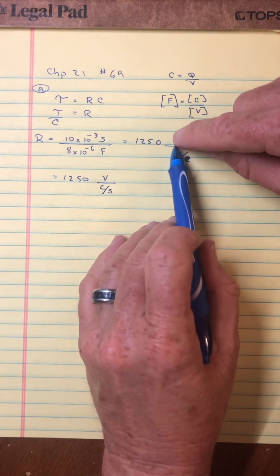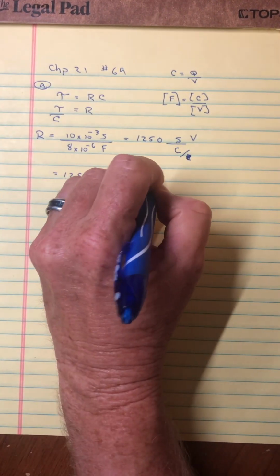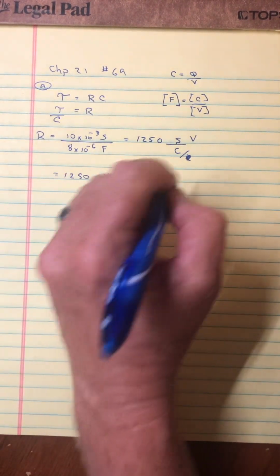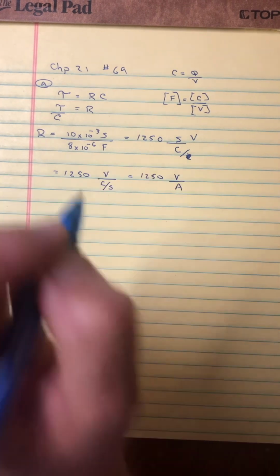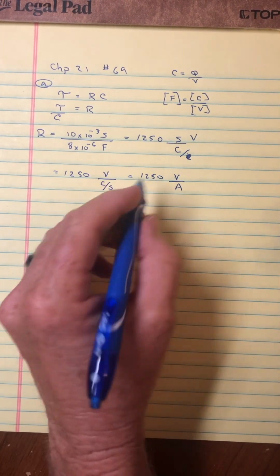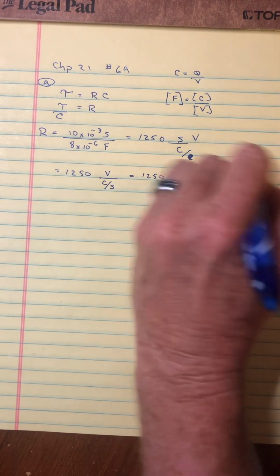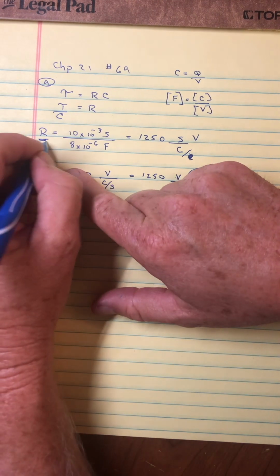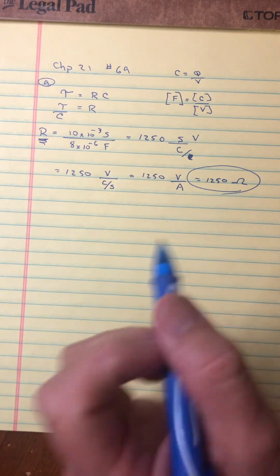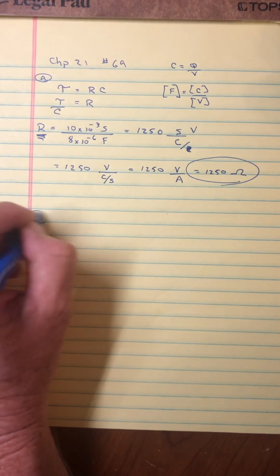So take the second off the top and put it down there, because a coulomb per second is what we called an amp. And so now I have the unit volt over amp, and that was the definition of an ohm. And so sure enough, as it should come out, our unit for resistance is in ohms. So this part A should be 1,250 ohms.